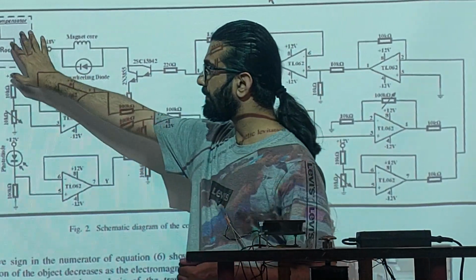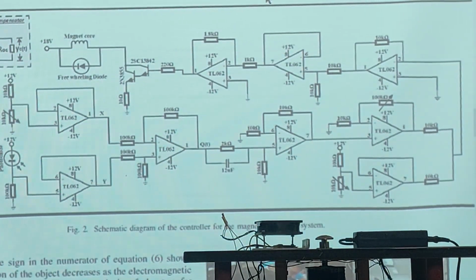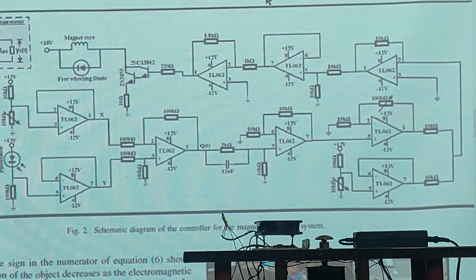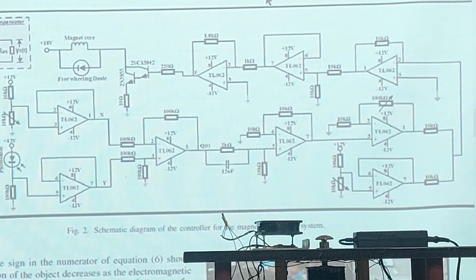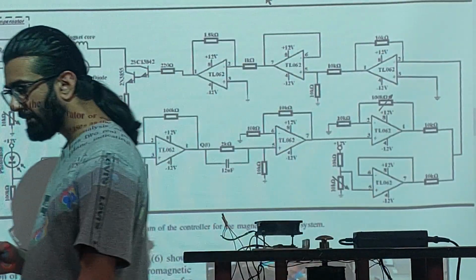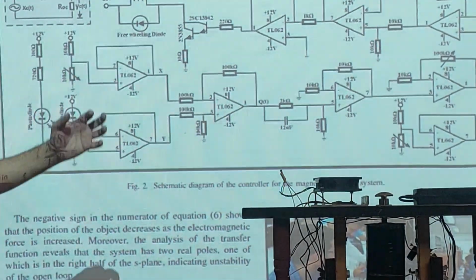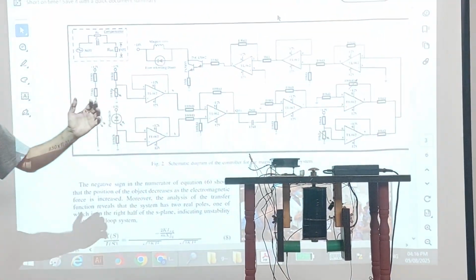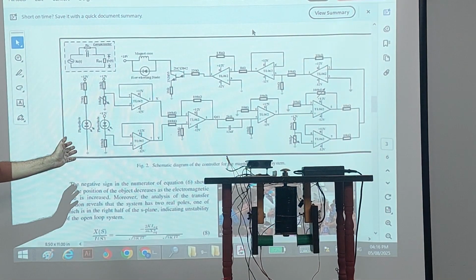I have shown this compensator separately over here, and you have seen the transfer function in the last slide, and this is the overall circuit diagram that implements this magnetic levitation system. By using this system, what we are trying to do is bring the right hand pole towards the left hand side of the S plane.